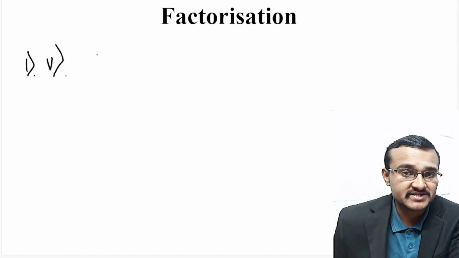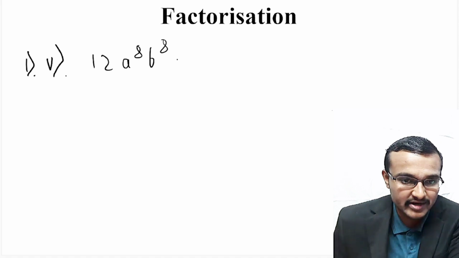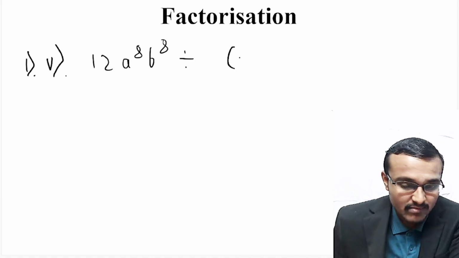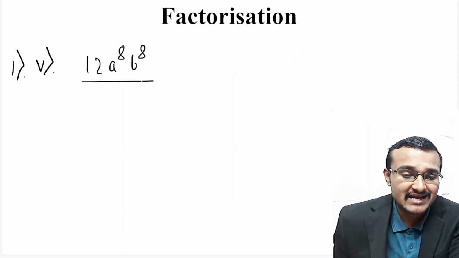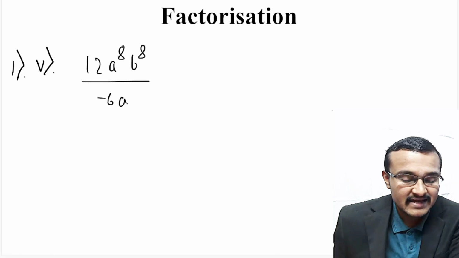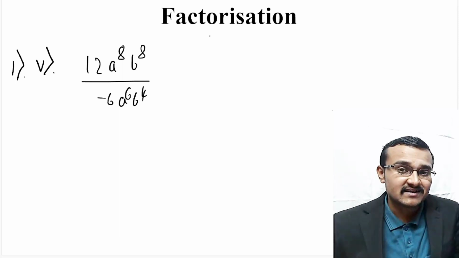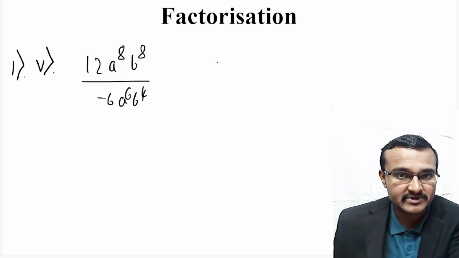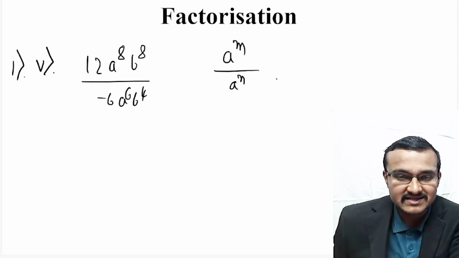So coming to the fifth question in this first question, there you have 12a power 8 b power 8 divided by minus 6a power 6 b power 4. So I have taught you different identities in the exponents and powers chapter, where a power m divided by a power n is there.